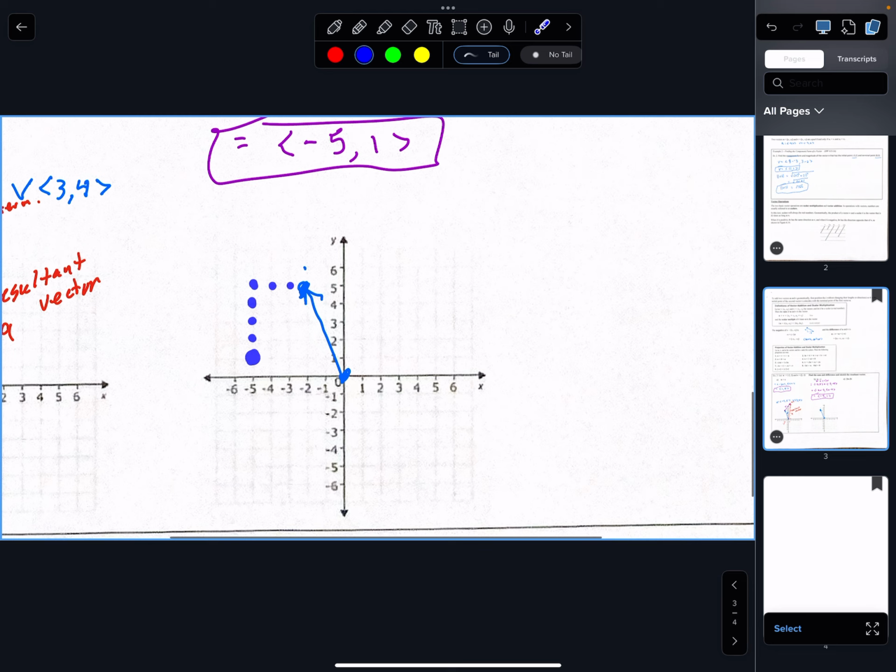And I end up right there. And so my resultant vector is from the initial to here. I think about the right triangle associated with it. Notice I'm going to the left 5 and I'm going up 1, which is what we got for the resultant vector.